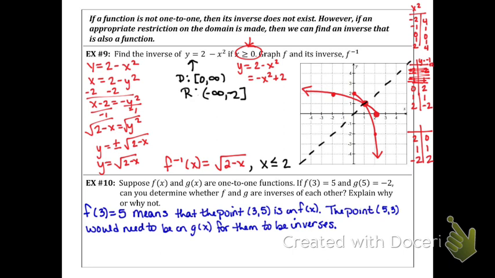All right, so g of 5 equals -2 means that 5, -2 is on g of x.